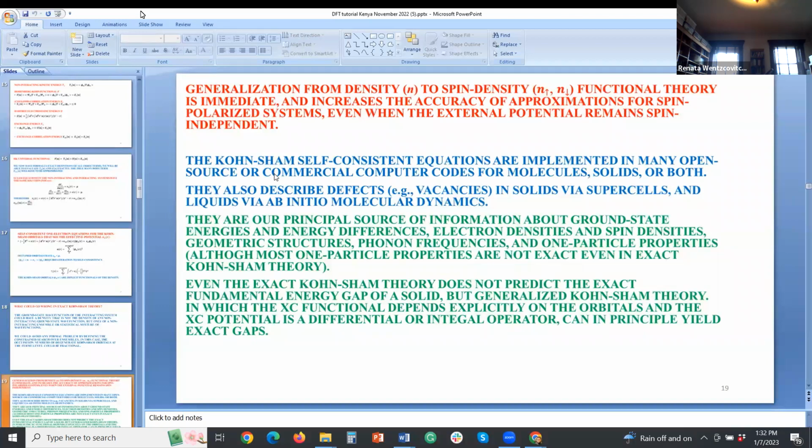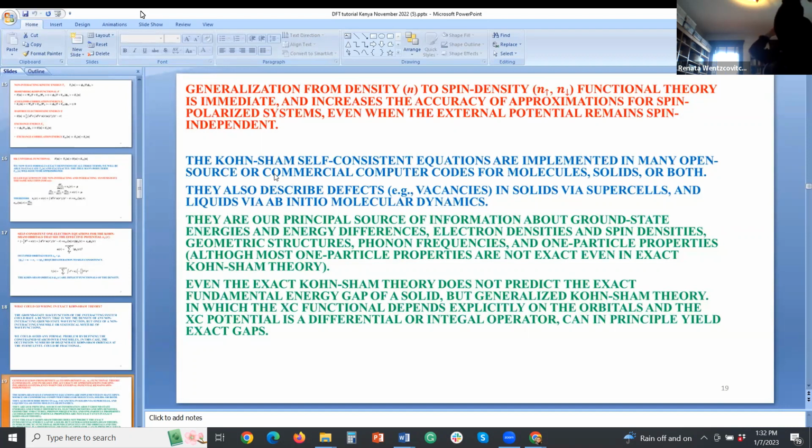Some codes can do both. These codes can also describe defects in solids, such as atomic vacancies. They do that by supercells. So you create a periodic solid which is built up of large supercells that contain many atoms, and you can put one vacancy in each supercell. And if the supercell is big enough, it's like studying an isolated vacancy.